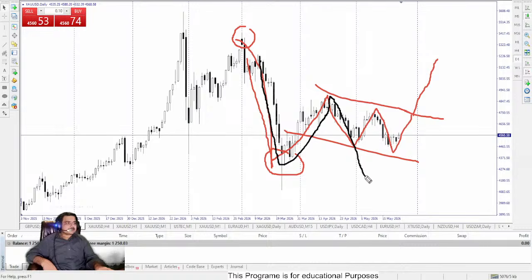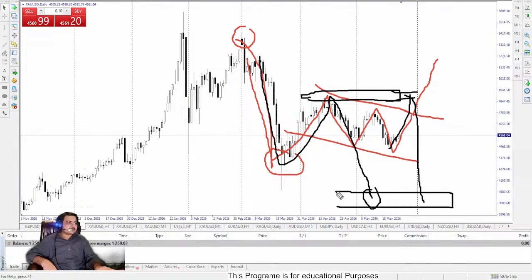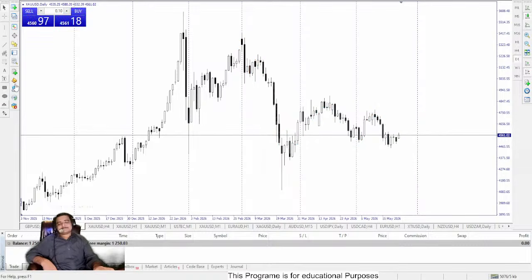If you remember, further this zone from right here. Who knows, it may go back up there, still it will be valid, it can drop till here. So this is such an important zone for us, but we cannot do anything right now.